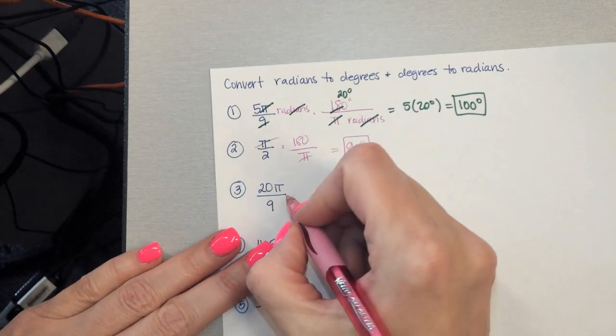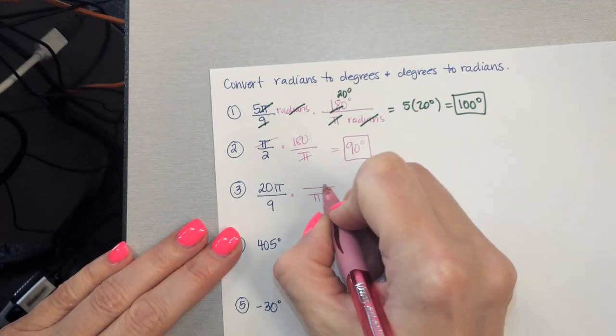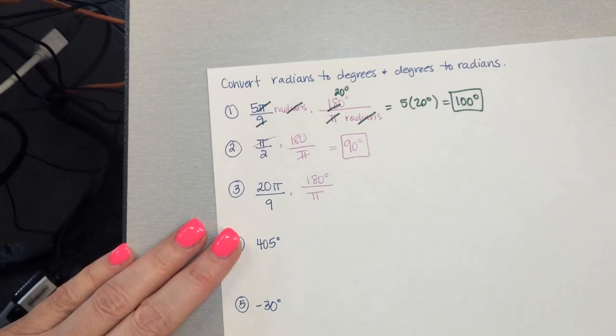Then when you're working with some of the bigger numbers, just try to take any shortcuts that you can.